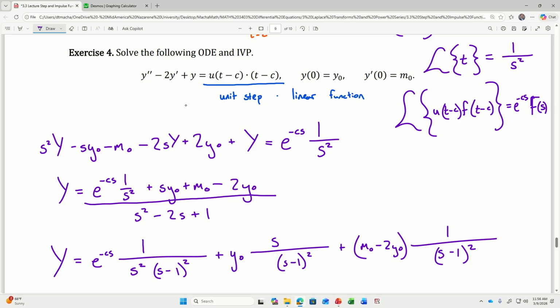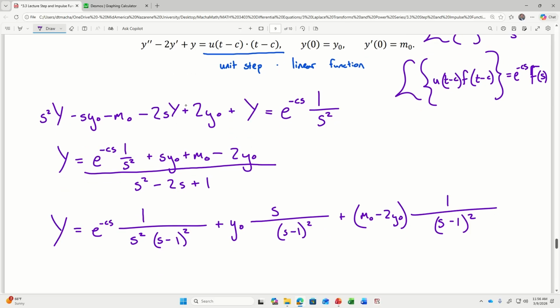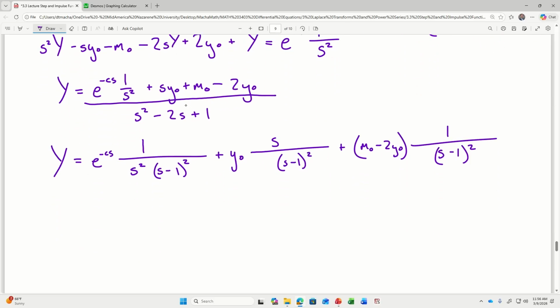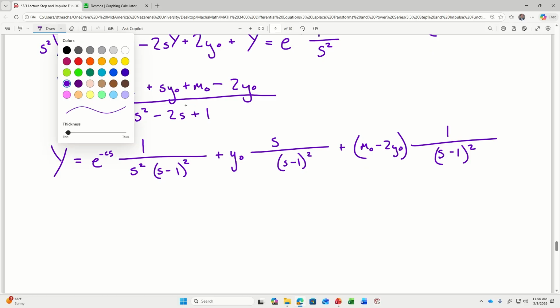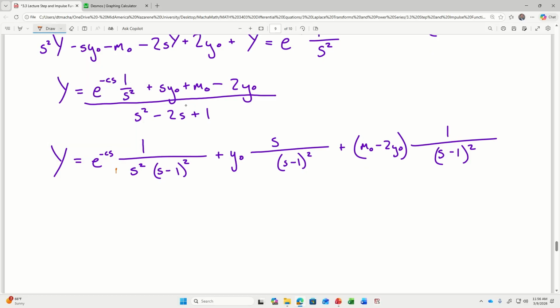And now let's split things up. For this, we will need to do partial fraction decomposition.